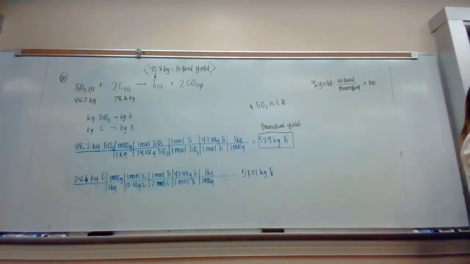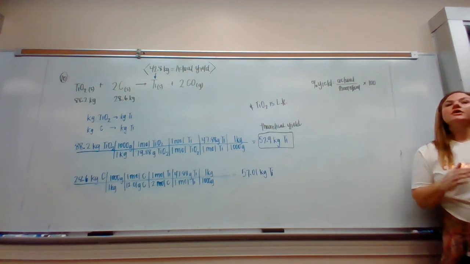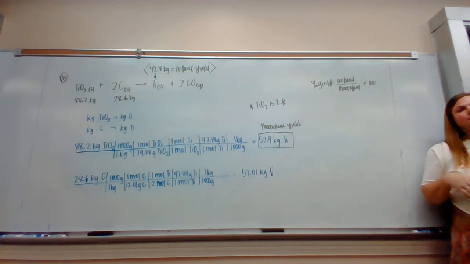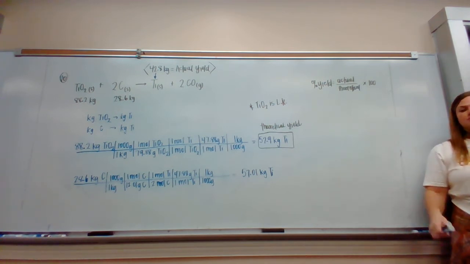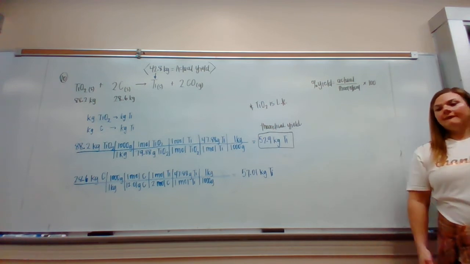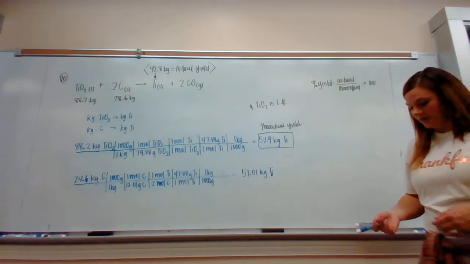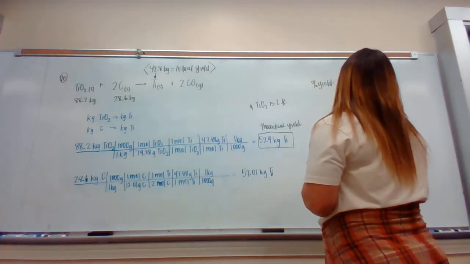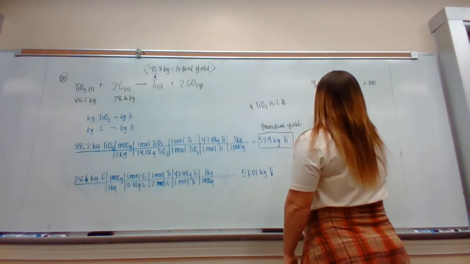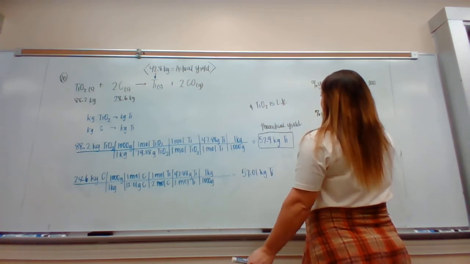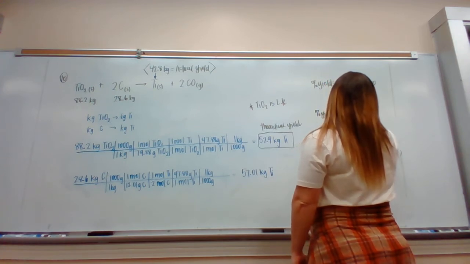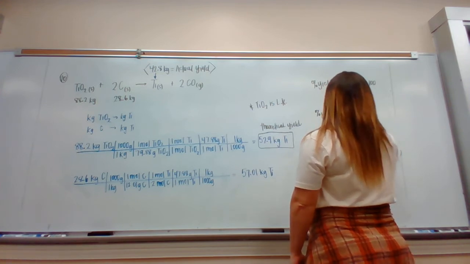Right, so the next part is to calculate the percent yield. So it's actual over theoretical times 100. Your actual will always be smaller than your theoretical. So you should never get over 100%. If you do, you've violated the law of conservation of mass. Alright, so I'm going to plug in the actual yield, which was given to me. Divide that by my theoretical yield.